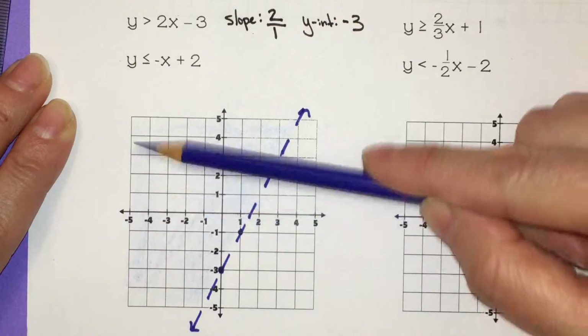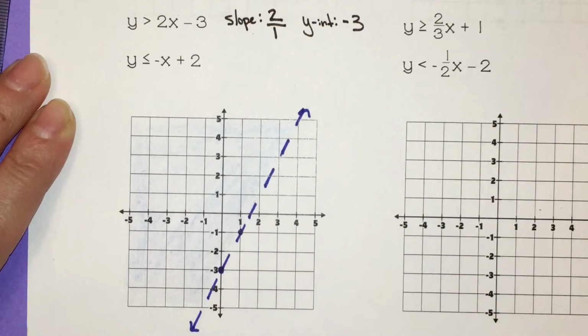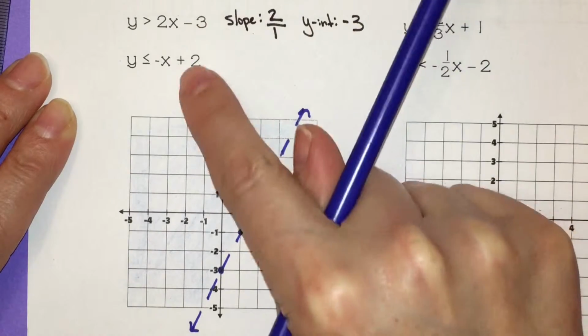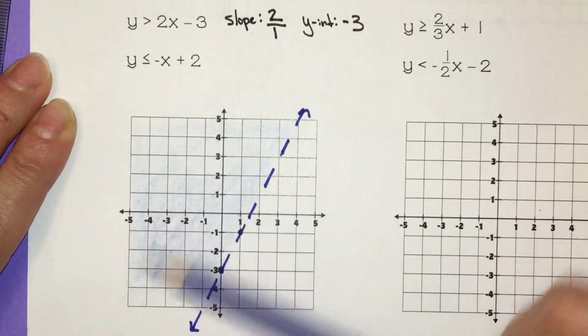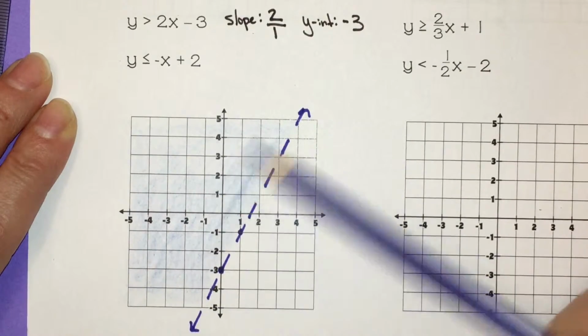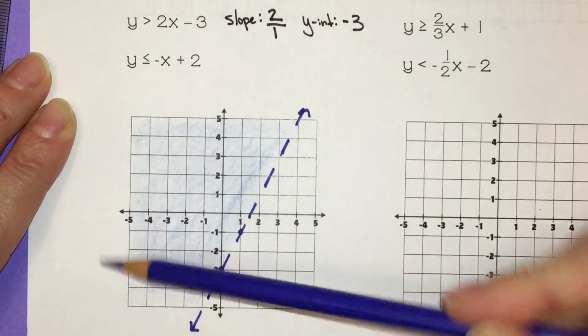The solution that we're looking for ultimately at the end is where the shaded part intersects for the two. So overlaps. So I am actually going to use two different colors so you can kind of see where they overlap. So my first shade is going to be in blue.